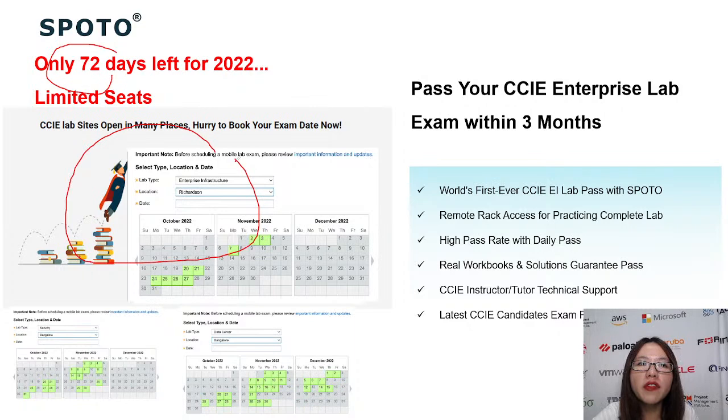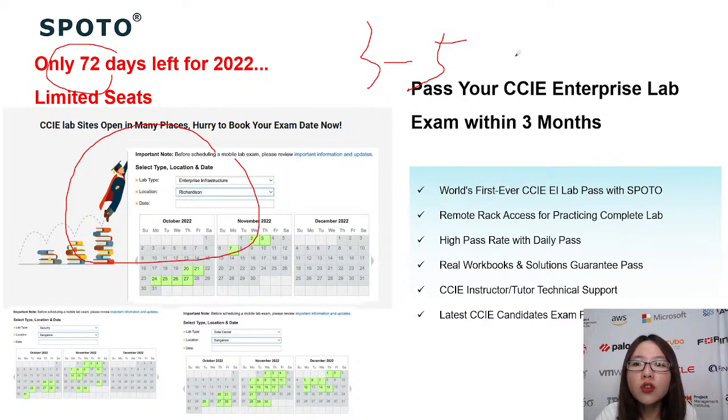And most of you may think it is very difficult to pass the CCIE exam, and it may take 3 or 5 years to get CCIE certified. But here I'm going to tell you, yes, indeed it is very difficult about the CCIE lab, but 3 or 5 years?